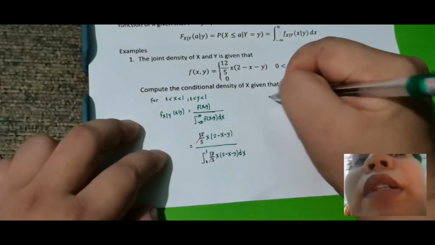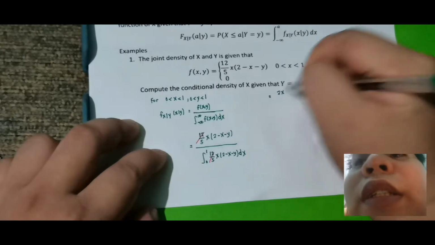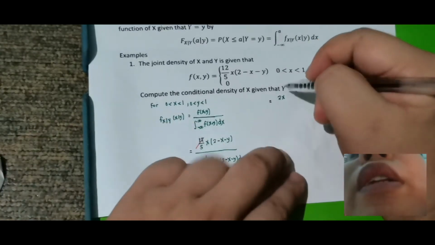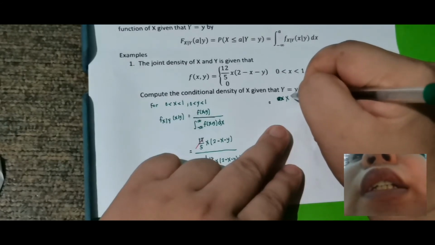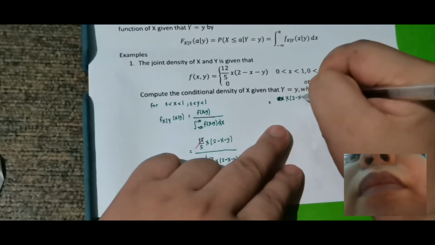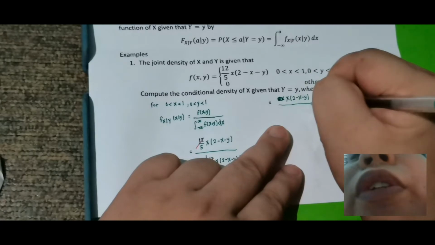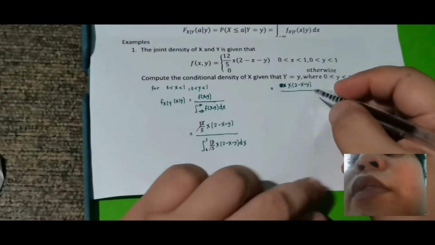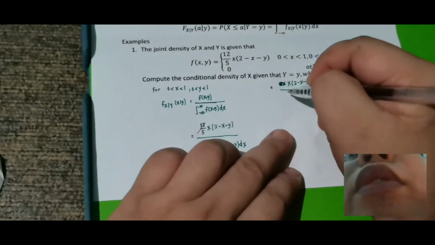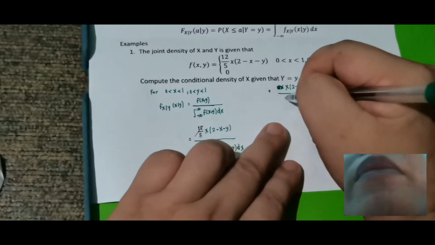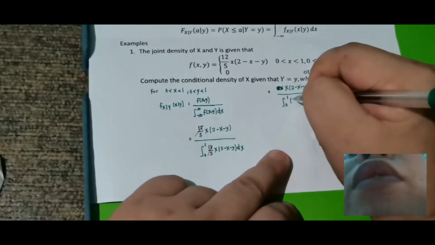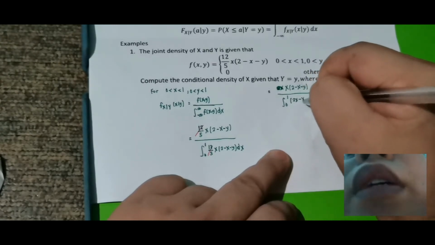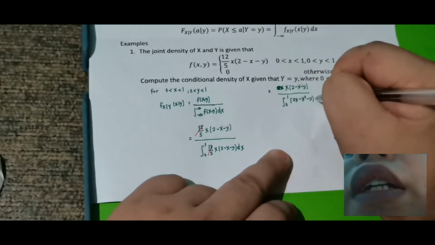This is just equal sa 2x. Okay, or I guess iwalay ko muna. Huwag muna, mamaya baka may masimplify. So this is x, then 2 minus x minus y all over integral neto. So computein natin yung sa loob, no. Integral ng, simplify ko muna, integral from 0 to 1 ng, ito yung 2x minus x squared minus y dx.